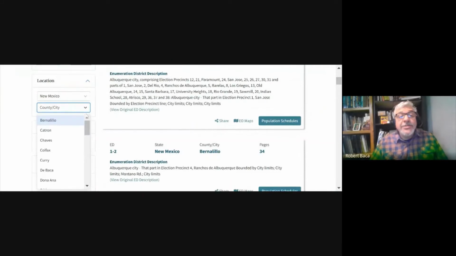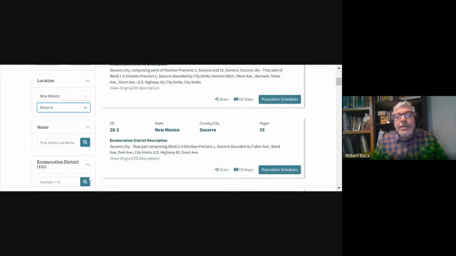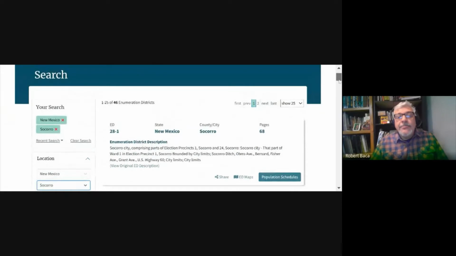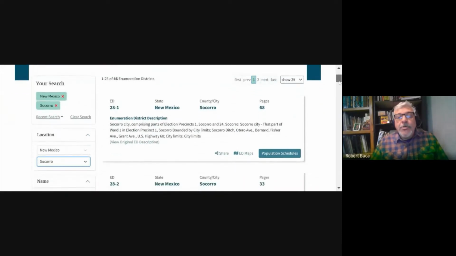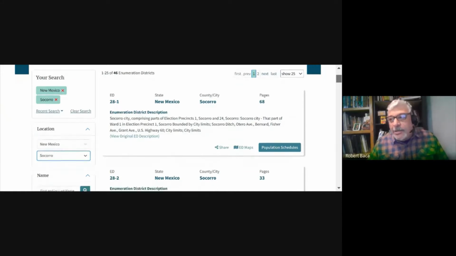But a simpler way to do this is to look for the county. So I'm interested in Socorro County. So I put New Mexico and I put Socorro. All right. And now I have all the various communities of Socorro County, including a few places in Socorro itself.